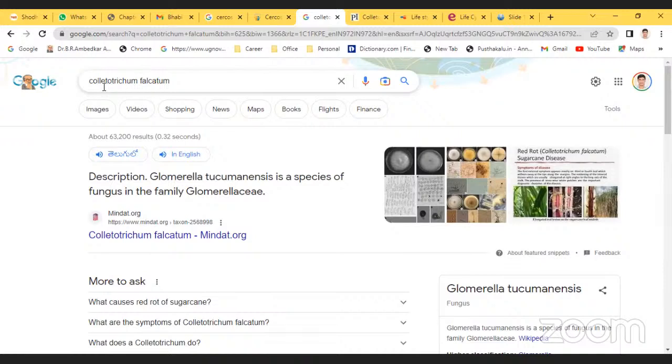Then there is no production of sugar, or of sugarcane byproducts like jaggery.